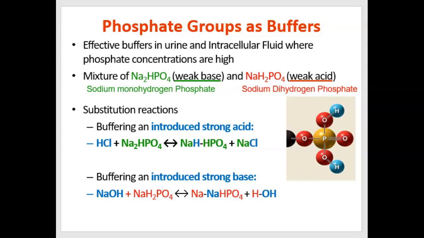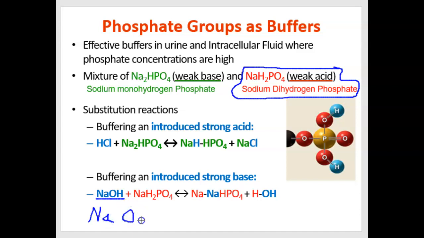When a strong base is introduced, like sodium hydroxide, then we're going to be using the weak acid as the buffering component. And so sodium hydroxide will dissociate into sodium ions, I should say cations, and hydroxyl ions or hydroxide ions.